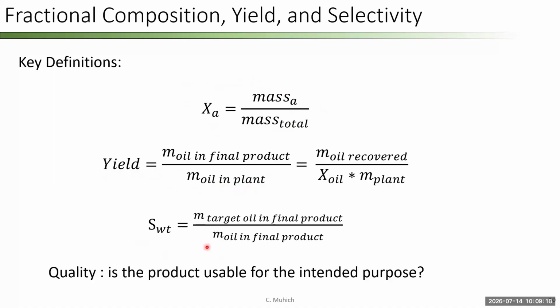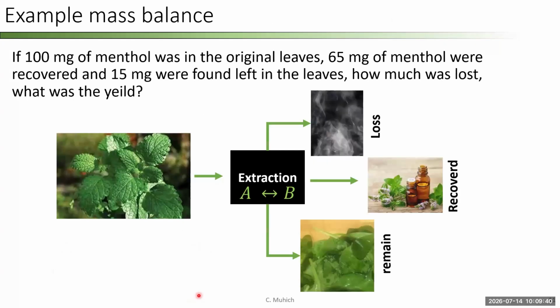And then selectivity, how much of the target oil is in the final product over how much mass is in that final product. And then quality is less numeric. It's how refined this is.